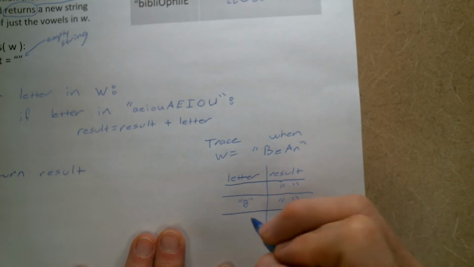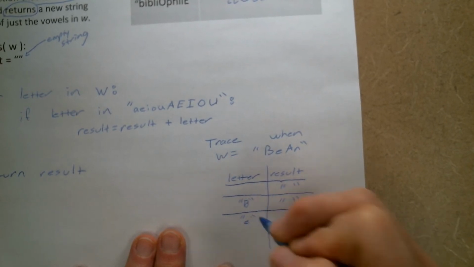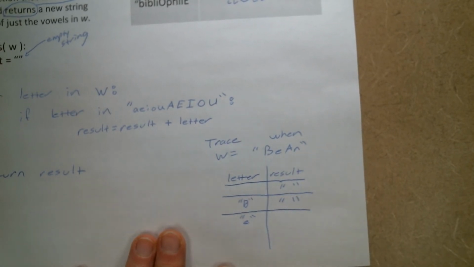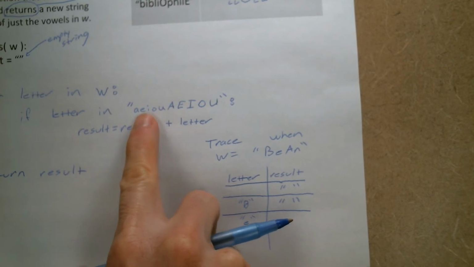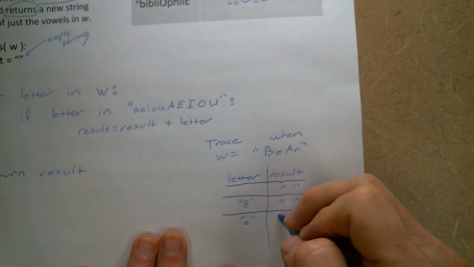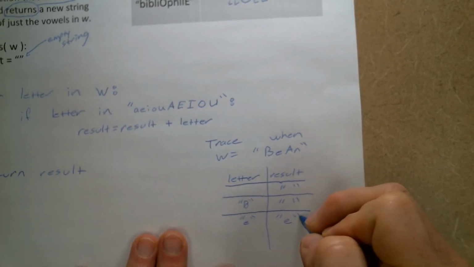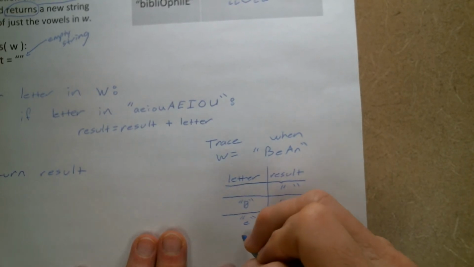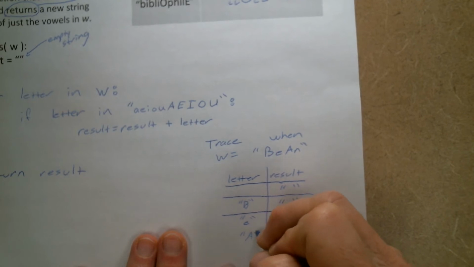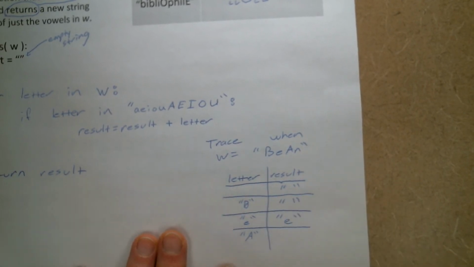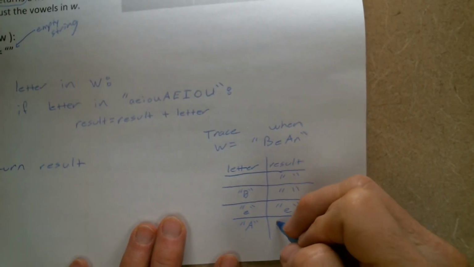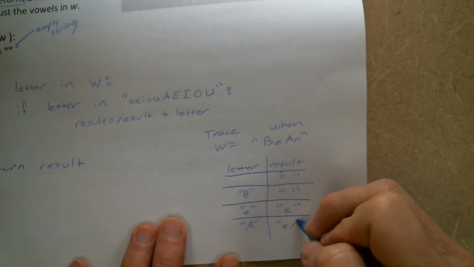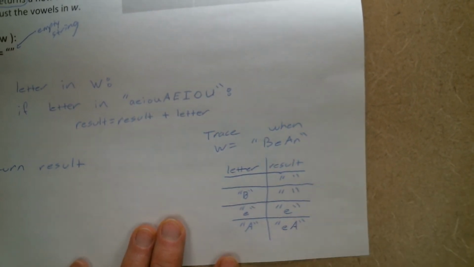Next we move on to an E. E is part of our list up here, so it gets added to our result. Then we move down to the uppercase A, which is also in our list, so it gets added to our result, and now we have E, uppercase A.